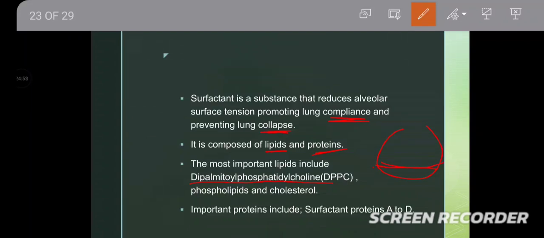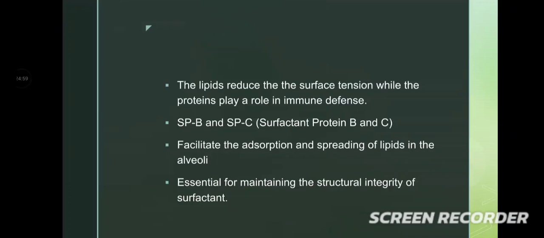The important proteins are surfactant proteins A to D. The lipids reduce the surface tension, while the proteins play a role in immune defense.